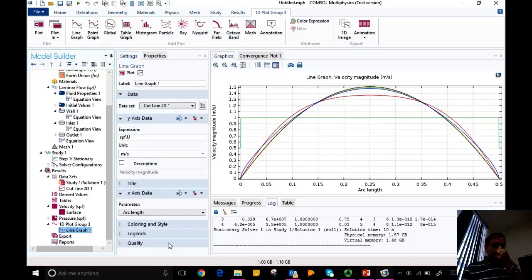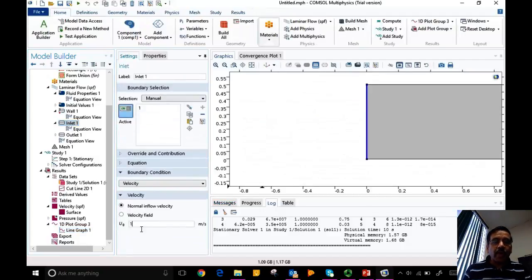Suppose I had input, I'm not going to run this, but I'm going to show you what I can do. So instead of 1, I specify 1 minus y divided by 0.5, squared.